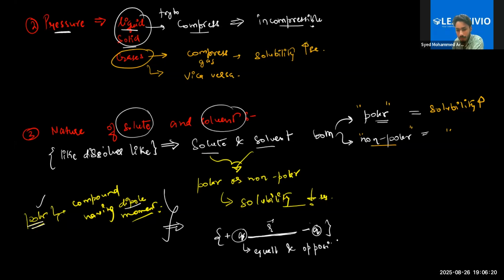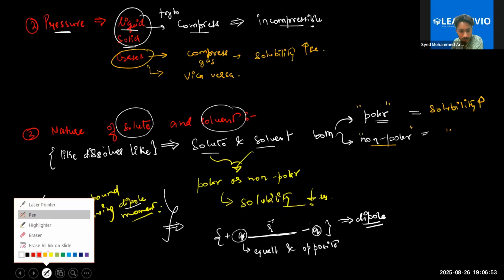These charges are equal and opposite: the magnitudes are equal, but one is positive and the other negative. For example, plus 10 coulomb and minus 10 coulomb, or plus 5 coulomb and minus 5 coulomb. This apparatus is known as a dipole.